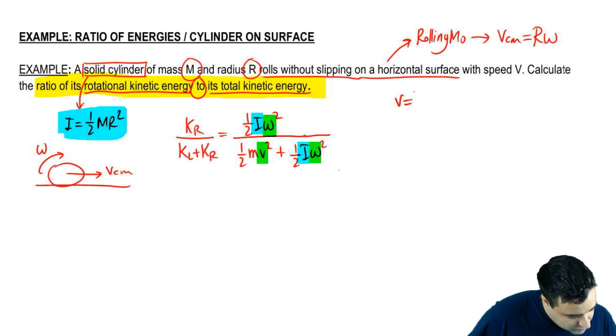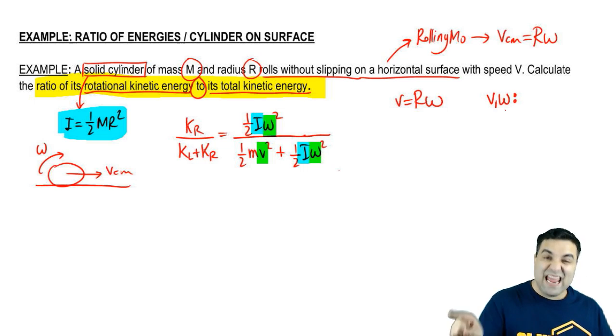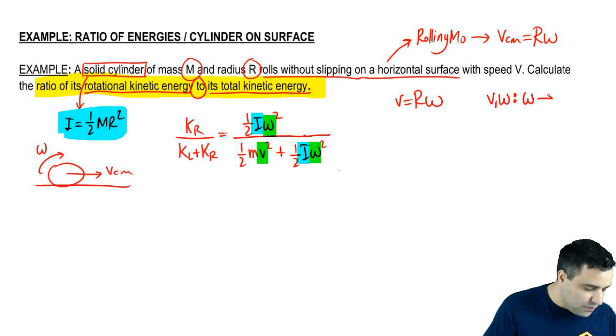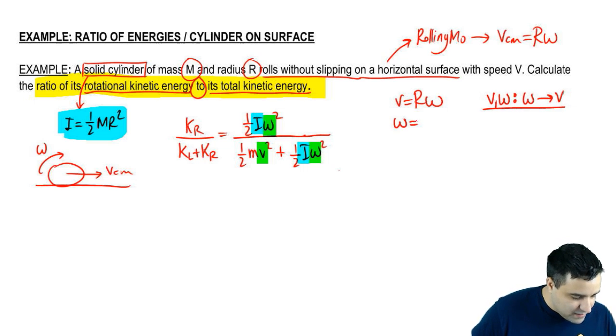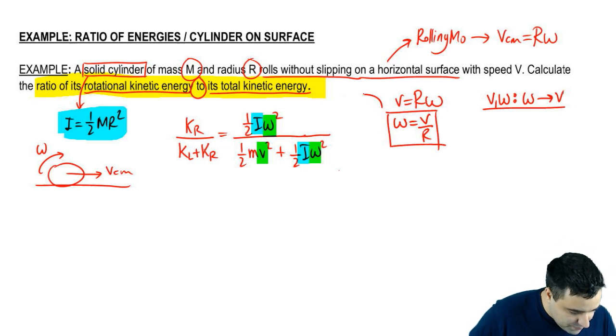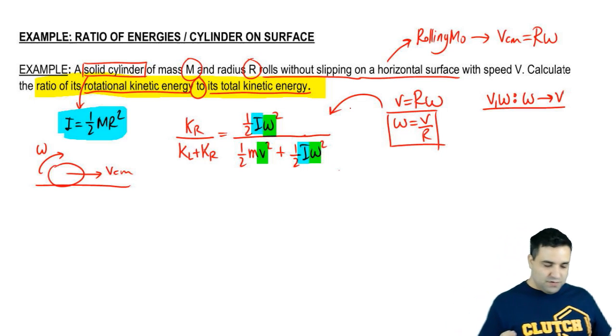So V equals R omega, and whenever we have V and omega, we want to get the omega to become a V. So I'm going to write omega is V over R, and we're going to replace this here. The reason we do this is so that we have fewer variables, so it's easier to solve this question.